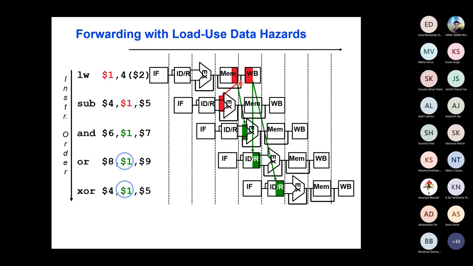But I need to set up a data path from the output of the memory to the input of the execute stage. However, this is not possible. No matter what data path you set, it is not possible because the demand is before the available supply. This is backward in time.